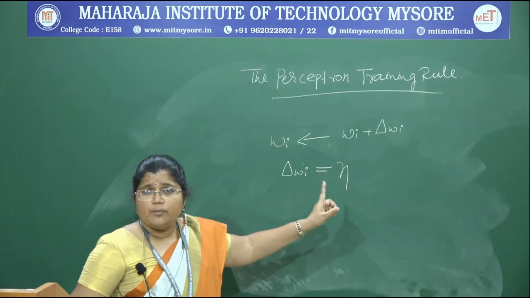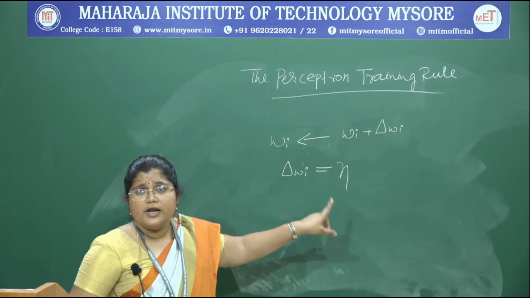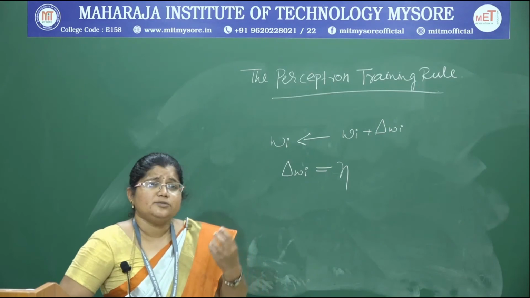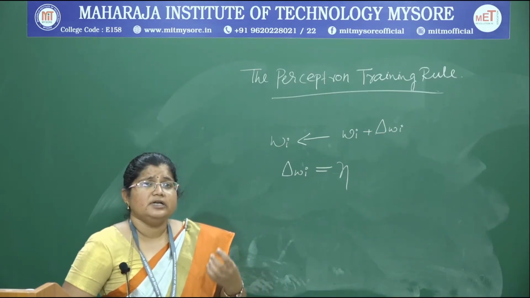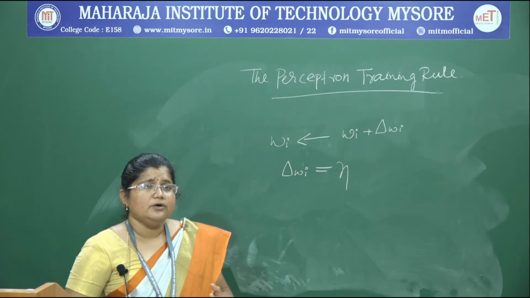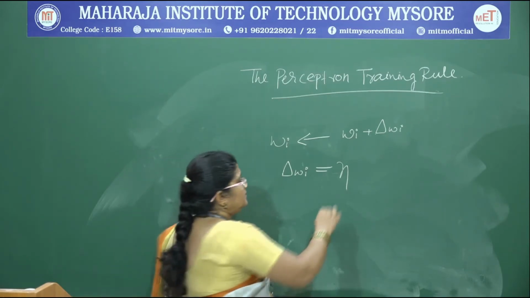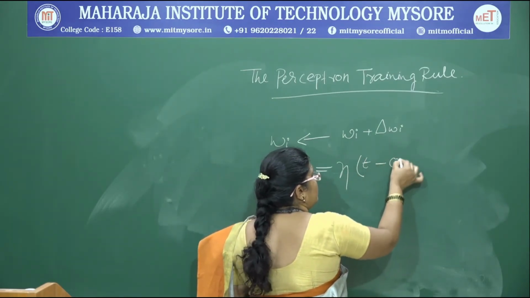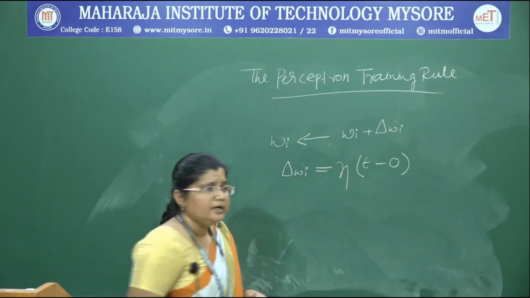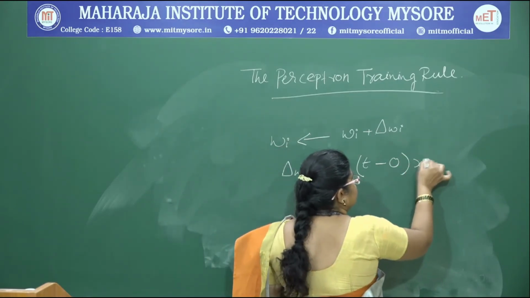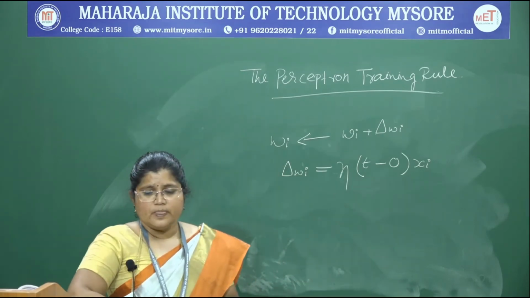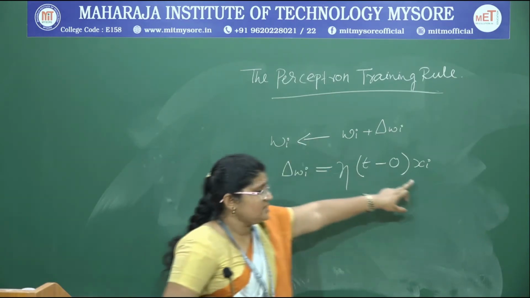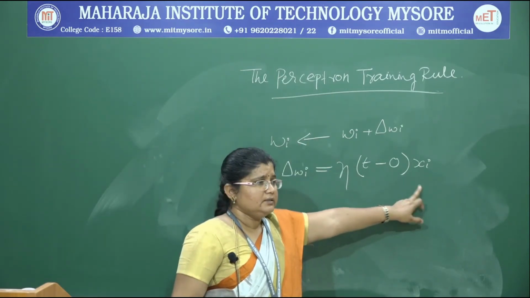Nu is a positive constant, and it is always kept a small value, for example 0.1. Next, target output T minus the output which we have obtained, multiplied by Xi. Whichever Wi you want to change, the same Xi input will be considered.